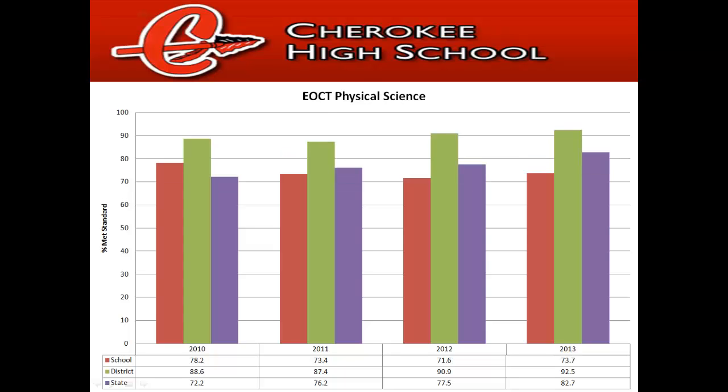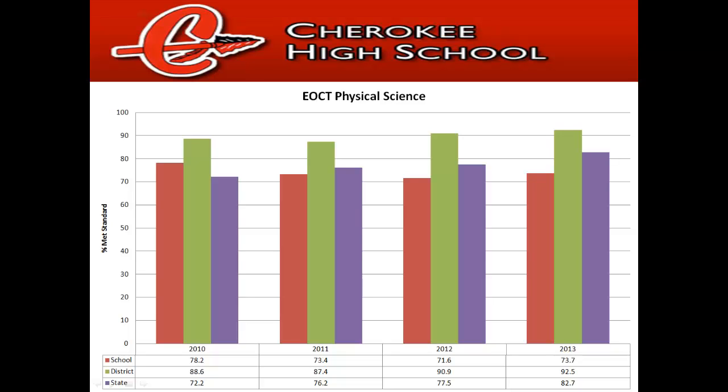In physical science, in 2010, Cherokee High School was at 78%, and by 2013 had dropped almost 5 percentage points to 73.7. Over this same time period, Cherokee County schools saw an increase from 88.6% in 2010 to 92.5% in 2013.